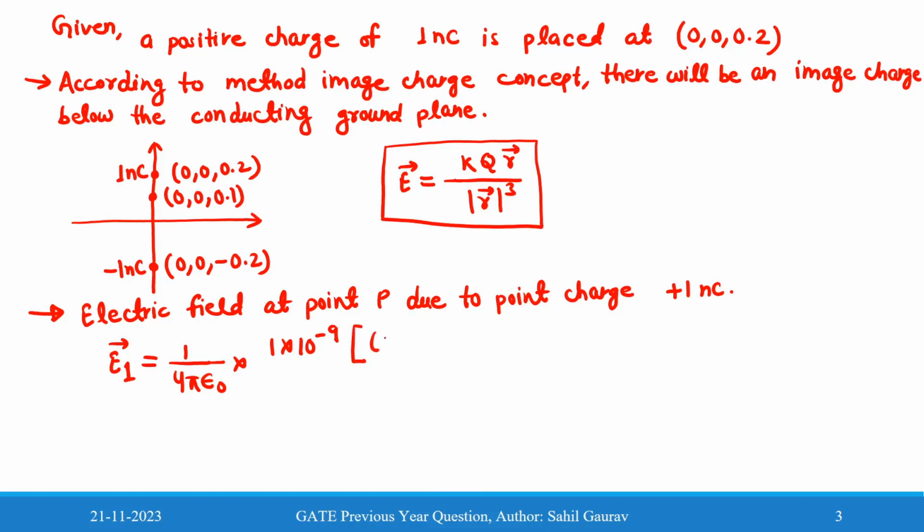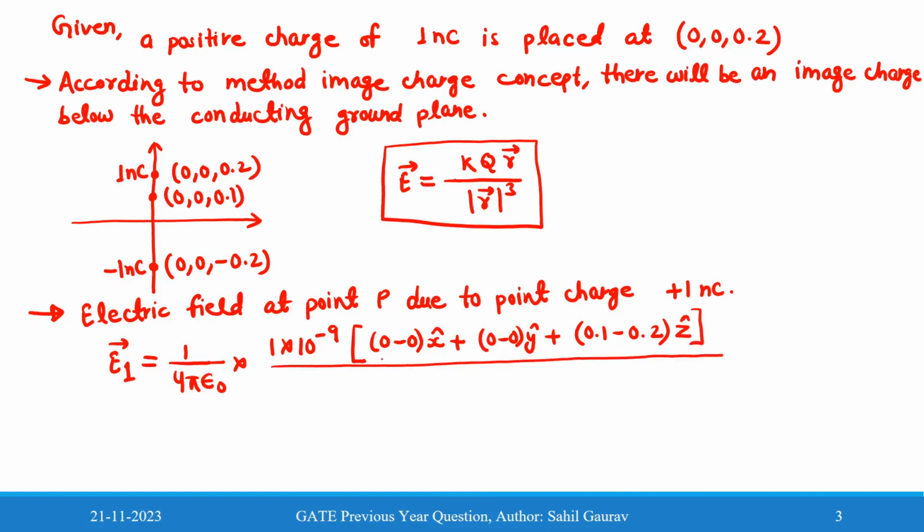So 0 minus 0 x cap plus 0 minus 0 y cap plus 0.1 minus 0.2 z cap divided by magnitude of R cubed. If you see here, magnitude will be 0.1, so you can rightly write 0.1 cubed.